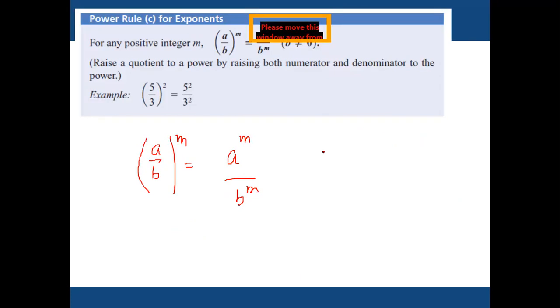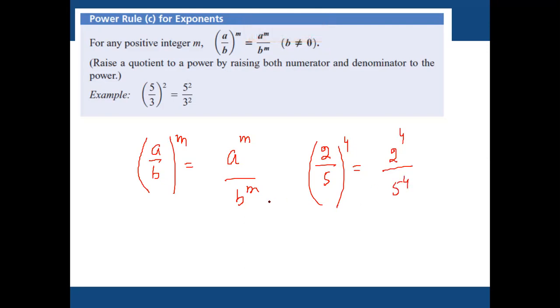Like if we have 2 over 5, and the whole power is, let's suppose, 4. This means that 4 is for 2 and 5. So in expanded form you can write 2 power 4 and 5 power 4.